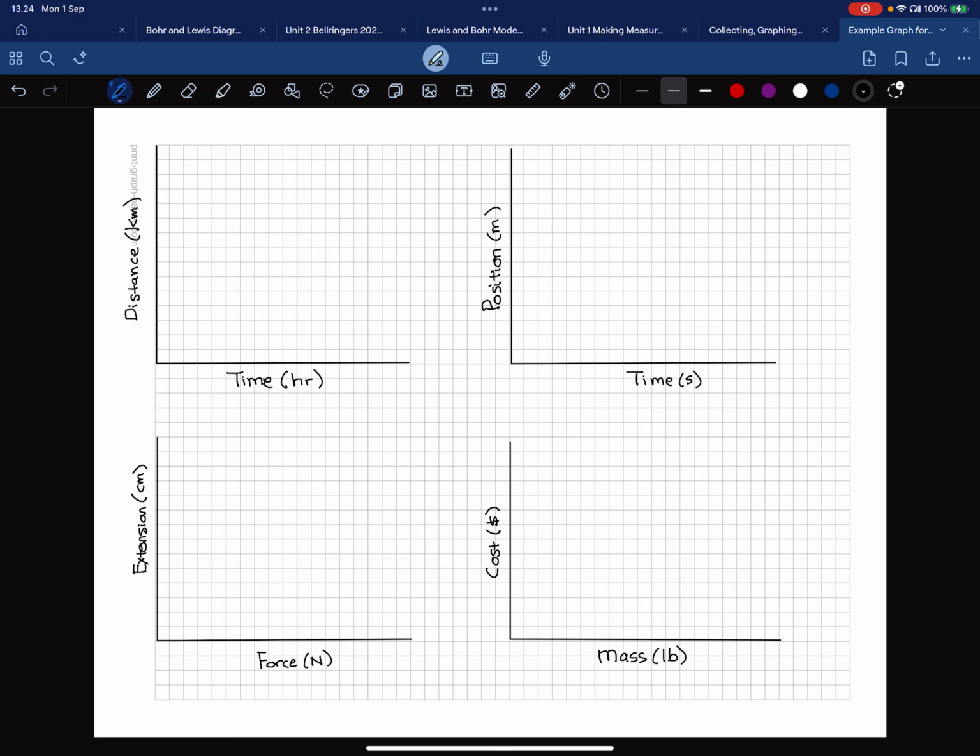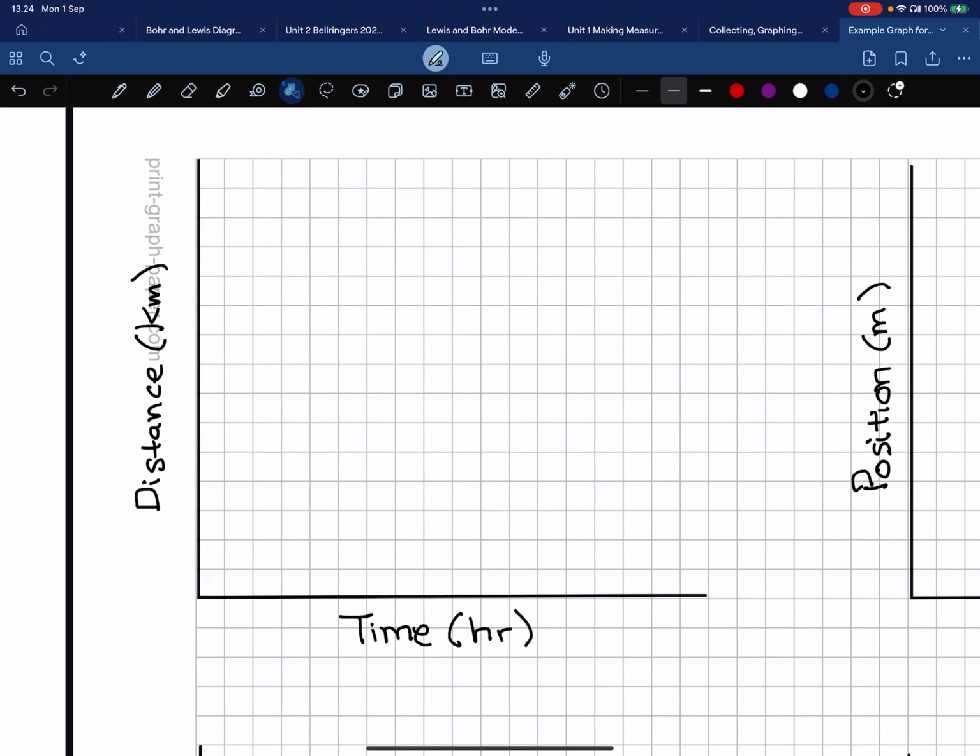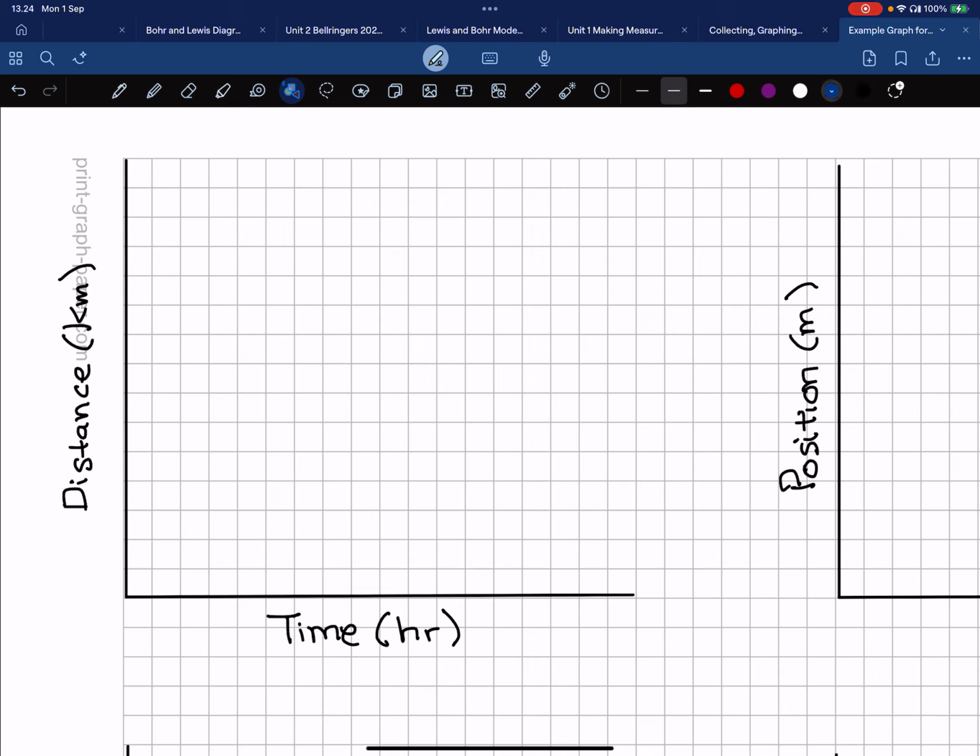Okay, say you have a graph of distance versus time, and it looks like this. What can we say about that? And let's say that when we do the math on it, the slope is actually 1.5.